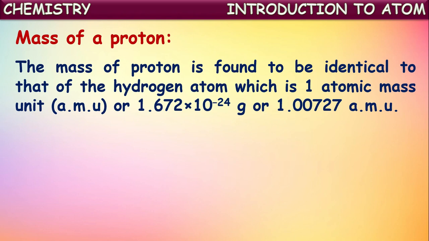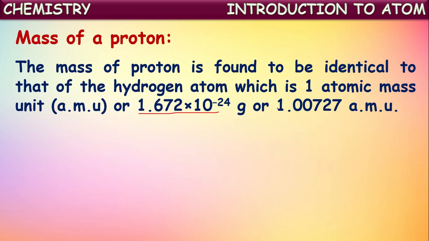So the mass of a proton in grams is taken as 1.672 into 10 to the power of minus 24 grams, or 1.672 into 10 to the power of minus 27 kgs. That also we can take. But in atomic mass units, to say accurately, it is equal to 1.00727 atomic mass units.